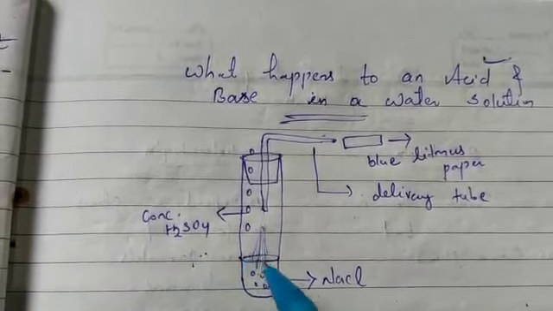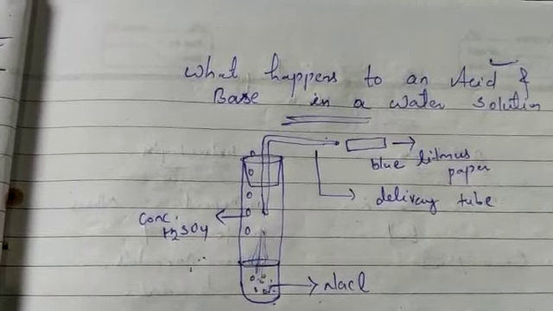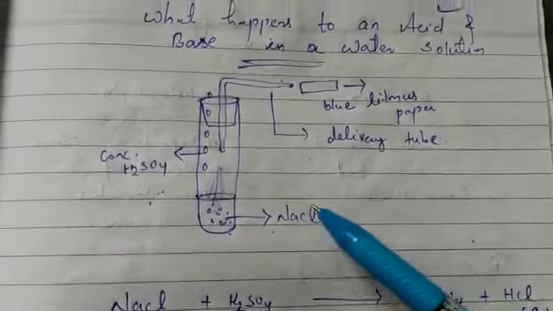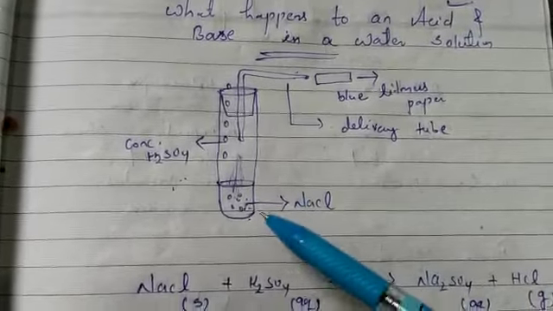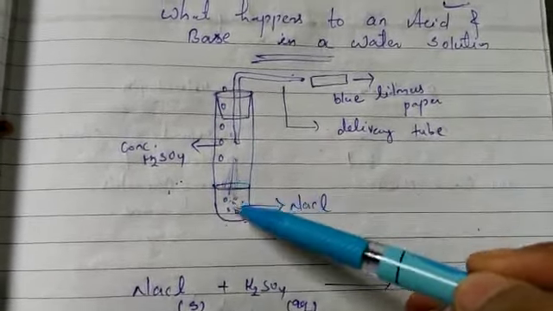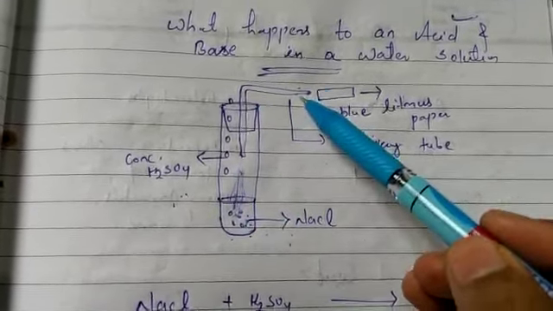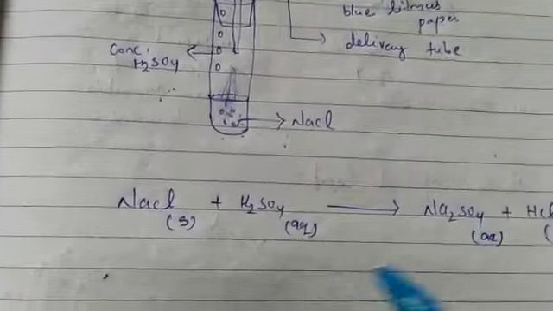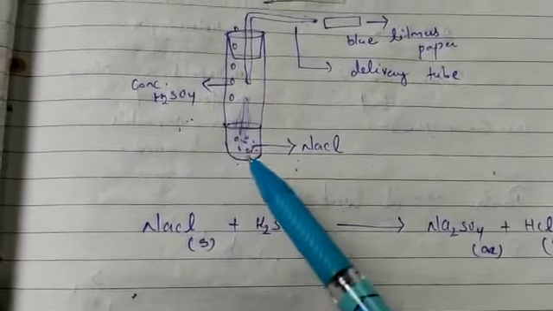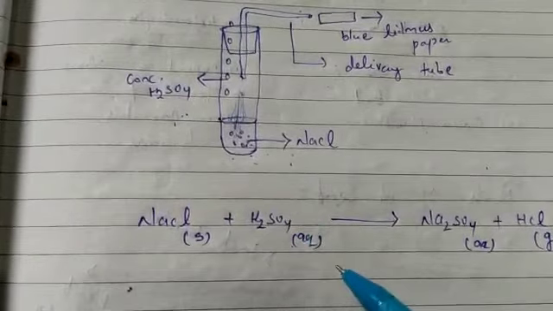Here you can make an equation for what the product can be. Sodium chloride is in the test tube and concentrated H2SO4 is added. After adding, you can see a gas evolve, which is collected in the delivery tube. If you write the reaction, NaCl we had taken in solid form, and sulfuric acid H2SO4 is in aqueous form.